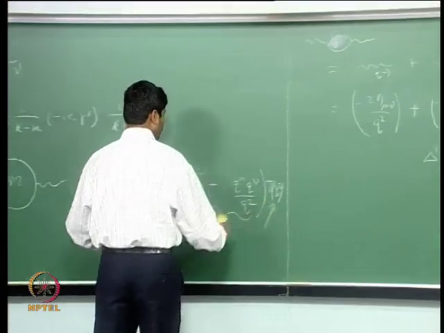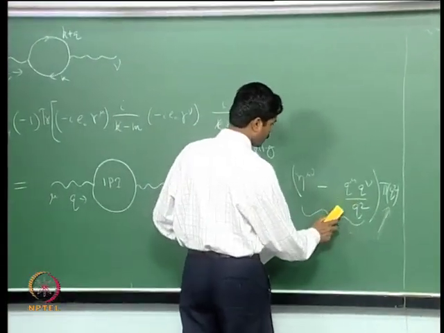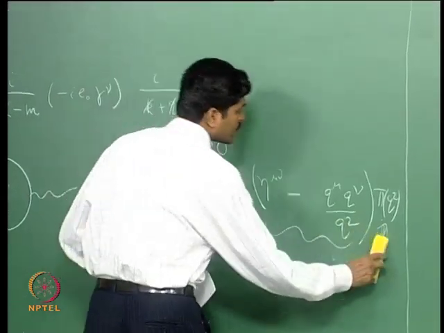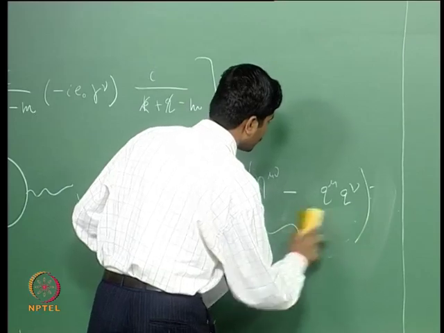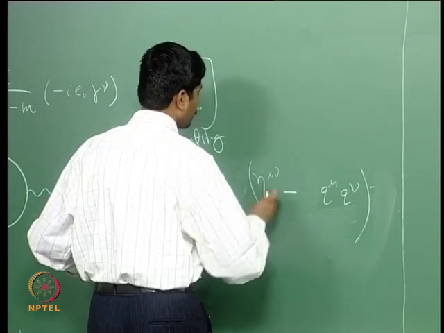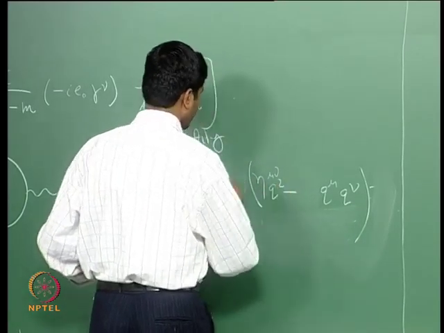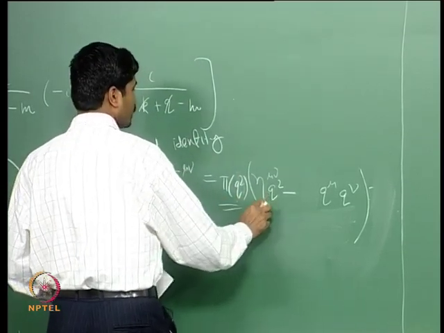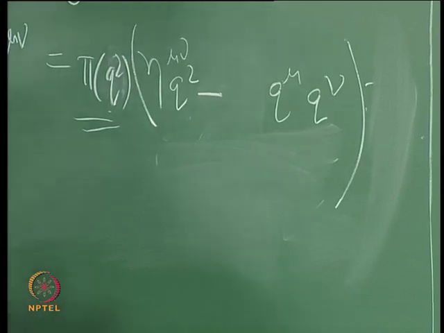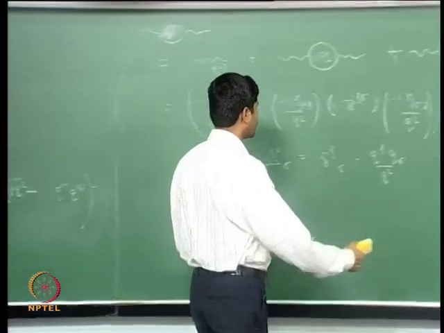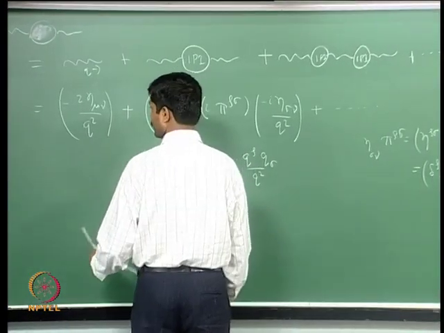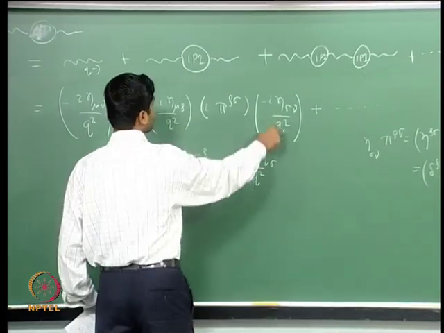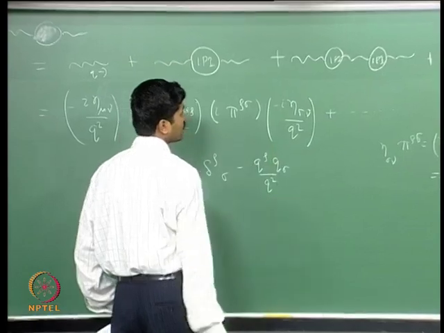I will use for π of q² this notation here. Remember, you have this q² in this term. So, I can as well write it as q² times this times π of q². So, my definition of π of q² will involve a q² here. This is just for convenience, so that I will not have a 1 over q² here.